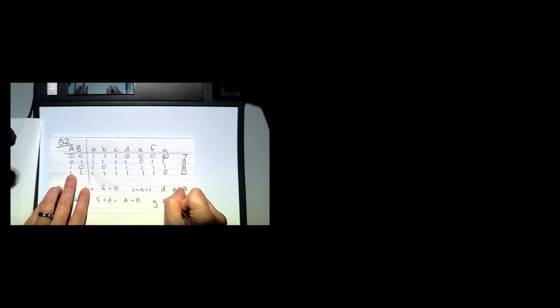It's going to be my XOR. So it's going to be A and B bar or A bar and B, which we saw just a minute ago was the same thing as A XOR B. All right, so those are my expressions for my circuit for question 2.